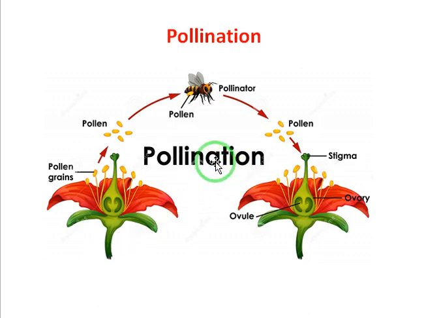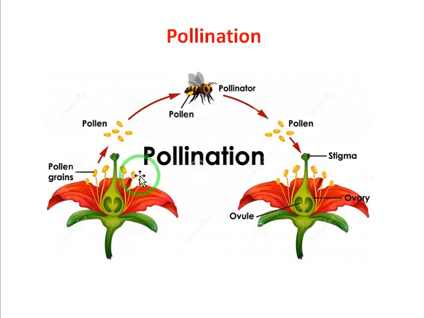Pollination is when the pollen grains come from one flower to another flower, or sometimes the pollen comes from the same flower. Pollination may be of two types, direct and indirect.